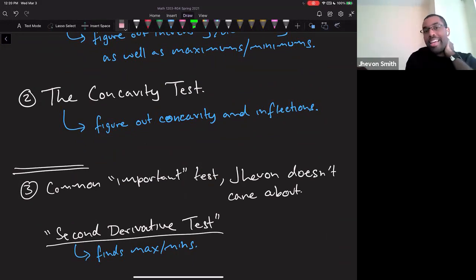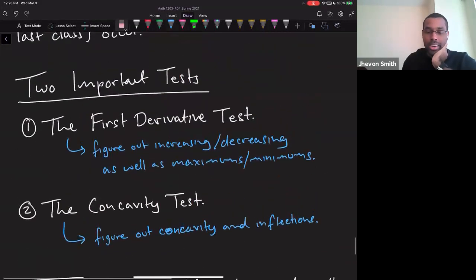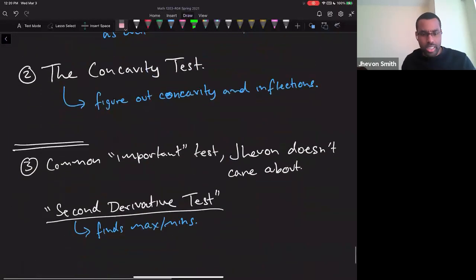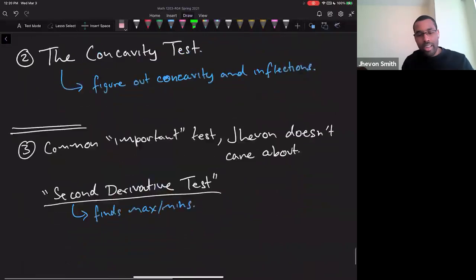So that's one thing. And the second thing is that for what I will be asking you guys to do in class, you will be doing the first derivative test and the concavity test anyway. So then doing the second derivative test is just extra. It's superfluous. It's not necessary. So it's going to be kind of useless for us.